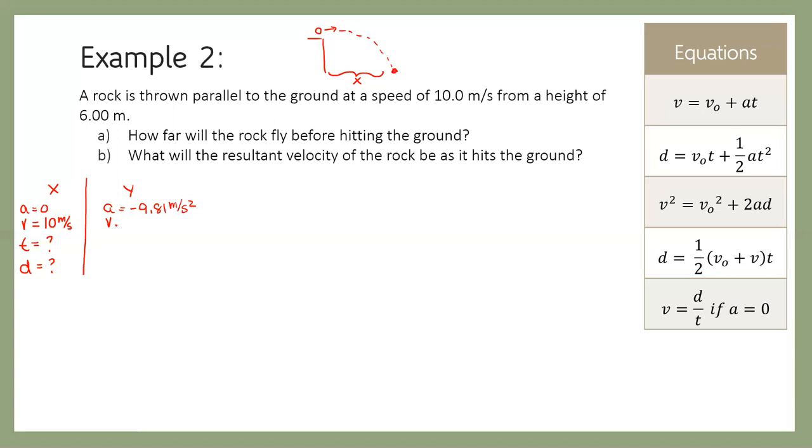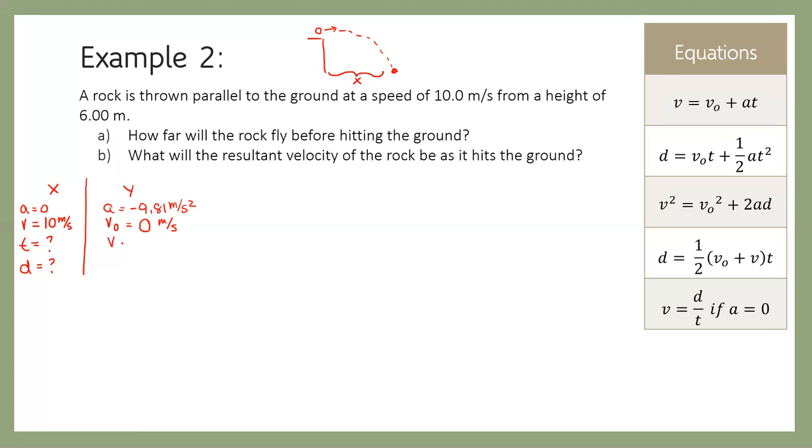So the velocity at the beginning, the downward velocity, is going to be equal to 0. Now in the simulator, I'd like you to select vector mode at some point and take a look at this and see how that works so you can remember it. So the starting velocity when we throw something horizontally will typically be 0 for the y direction.